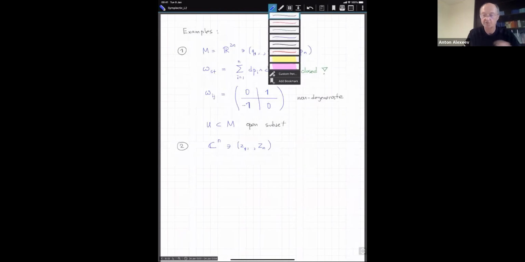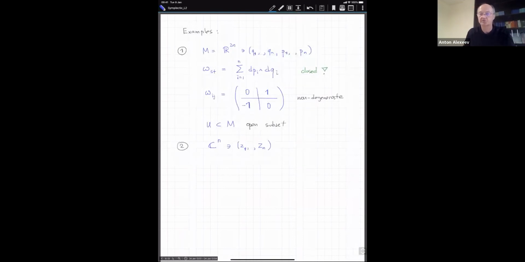However, in our business for now, sometimes perhaps we'll consider complex symplectic manifolds, but for now we're going to use Cn as a manifold over R. So this actually means that we identify it with R to the 2n, and we are using, in addition to holomorphic coordinates, anti-holomorphic coordinates.